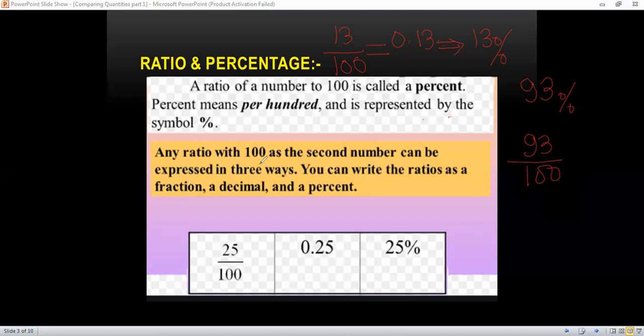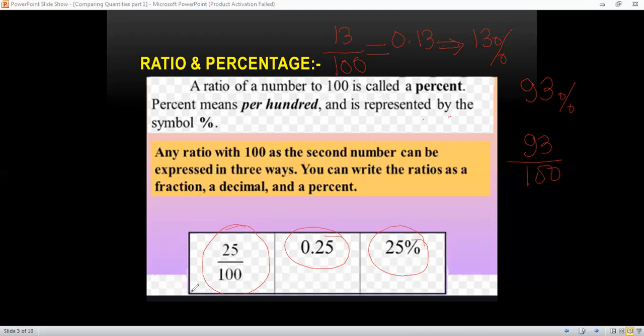Any ratio with 100 as the second number can be expressed in 3 ways: you can write the ratio as a fraction, a decimal, and a percent. This is in fraction, 25 upon 100. This is in decimal, 0.25. This is in percent, 25%.